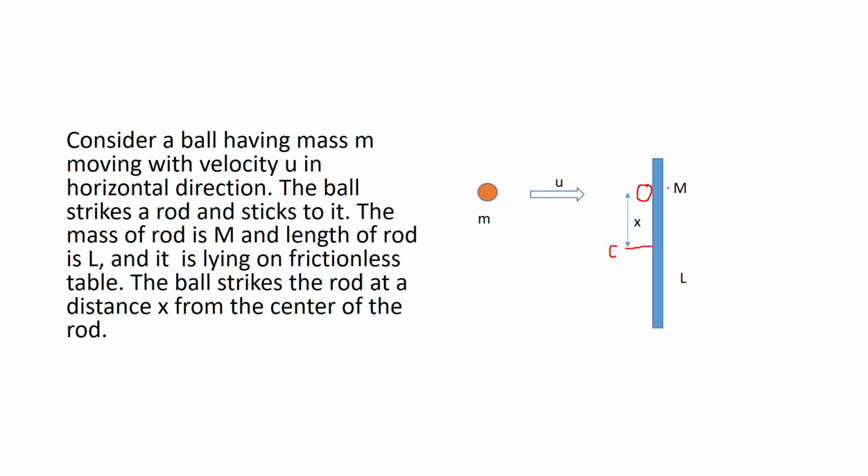These problems are solved in various textbooks, but there are certain doubts regarding the velocity of the ball after sticking and the subsequent motion of the rod after collision, and there are certain doubts that still remain in the students. So my aim is to overcome those doubts.